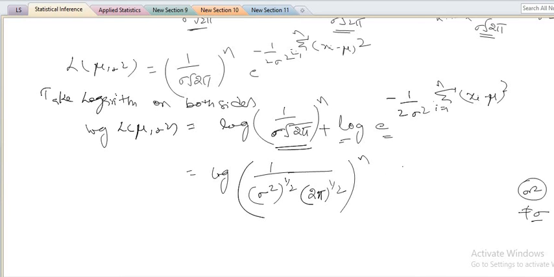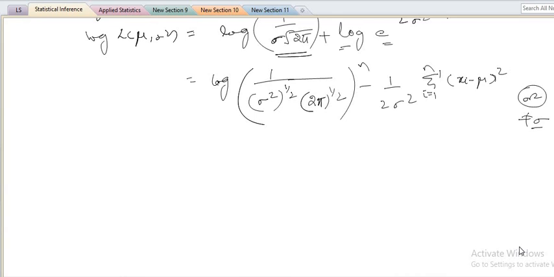Log and exponential get cancelled, then you will get 1 by 2 sigma square summation i equals 1 to n of (xi minus mu) whole square.